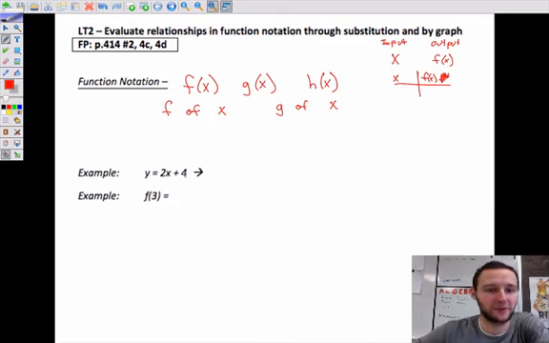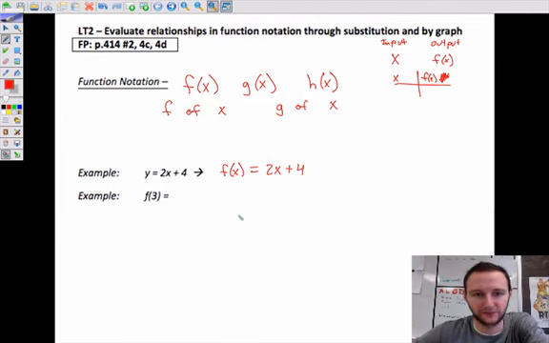In this example, y equals 2x plus 4 is very familiar to you. It's a very simple linear equation that multiplies x by 2 and then adds 4. In function notation, this changes to f of x equals 2x plus 4. All you're really doing is replacing y with f of x.